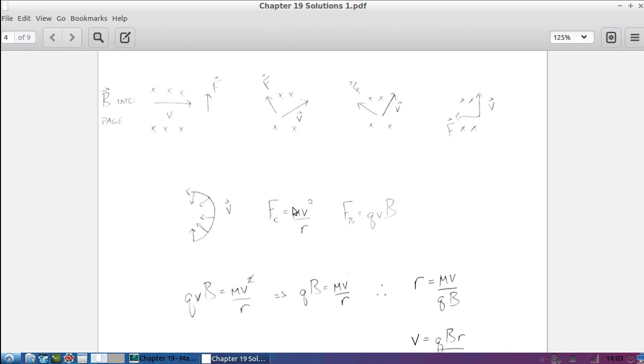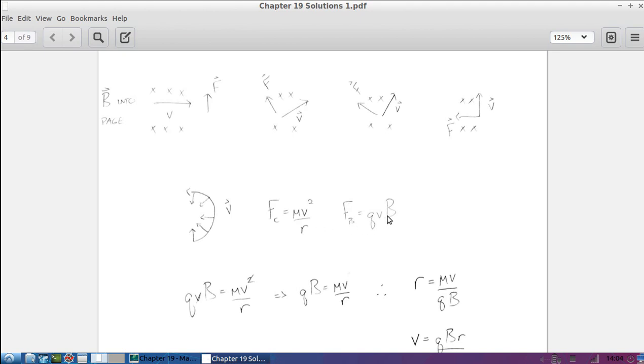So when we were doing centripetal acceleration, it was due to a tension, or if it was due to a normal force when we were doing like the banked curves, or if it was due to friction or something like that. The centripetal acceleration in this example is due to the magnetic force. It's the magnetic field that's causing this particle to follow a circular path.